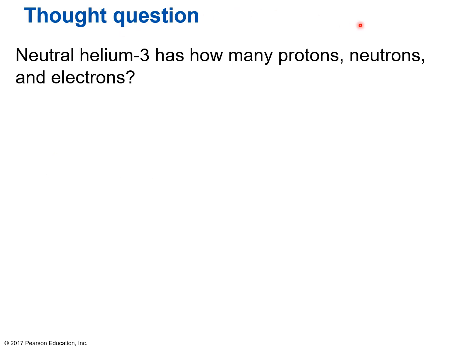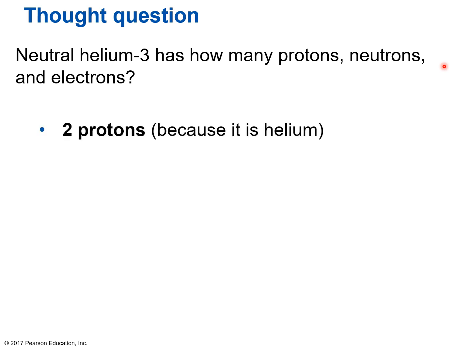Let's do another one. Neutral helium-3 has how many protons, neutrons, and electrons? And the first thing you should do is think about how many protons. So if it's helium, and this is one, there's only 2 elements I told you need to memorize. The others you can look up on a periodic table as needed. But helium, I want you to remember, is element number 2. That's its atomic number. That's the number of protons. And so, how many neutrons does it have?